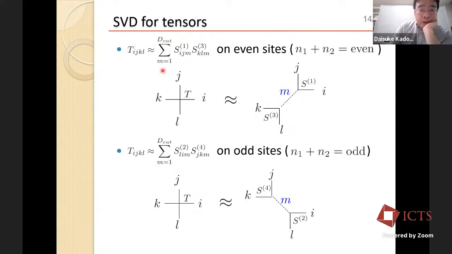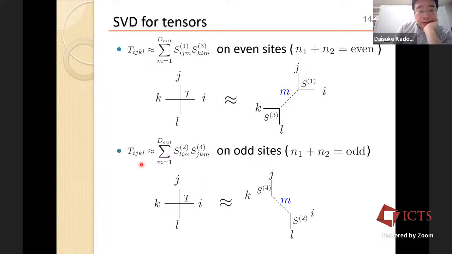And this decomposition is applied to the tensor defined on even sides. The even side tensors are decomposed like this, and a new index M appears between Ij and KL.